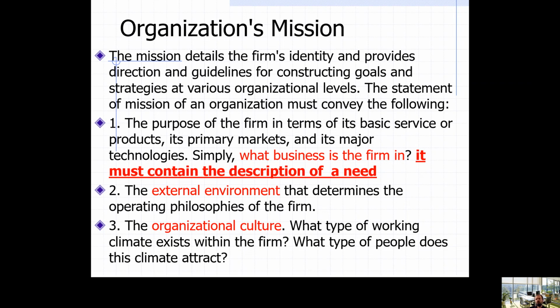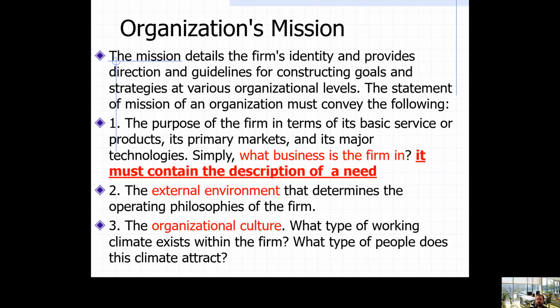When you are crafting a mission, you have to begin with understanding the need, and only then prepare the description of a product or of a service.